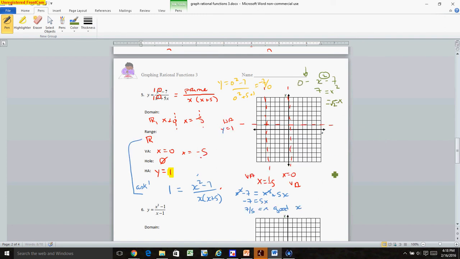X is equal to plus or minus root 7, which is like 2-ish, right? So at positive 2 something, there's radical 7 comma 0, and at negative 2 something, there's negative radical 7 comma 0.